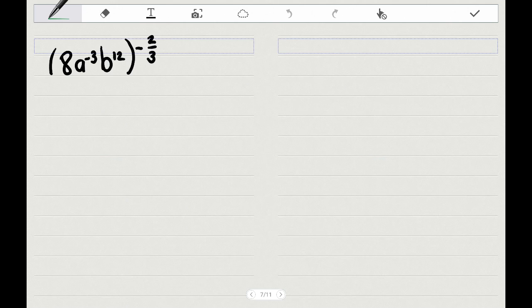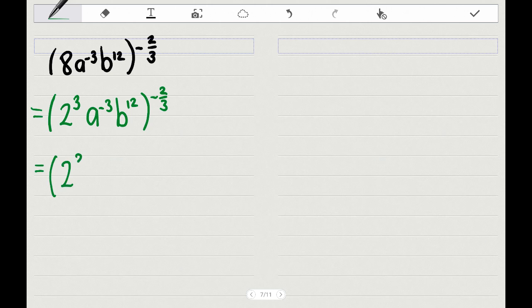We're really looking to get those A's in math, so practice makes perfect, so that's exactly what we're going to do. Over here we have this sum. First thing, prime bases if there are numbers that don't have prime bases. So once again, 8 is 2 cubed, a to the power of minus 3, b to the power of 12, all to the power of minus 2 over 3. I'm going to distribute that.